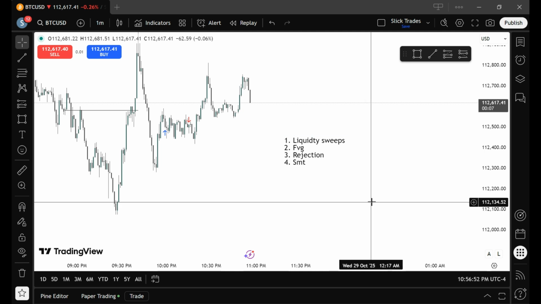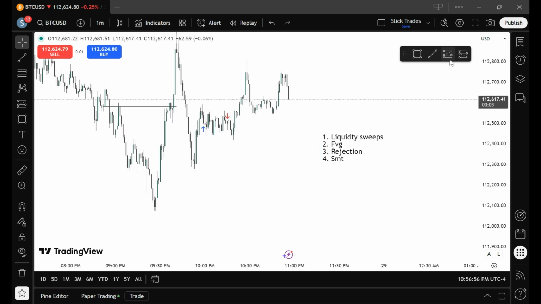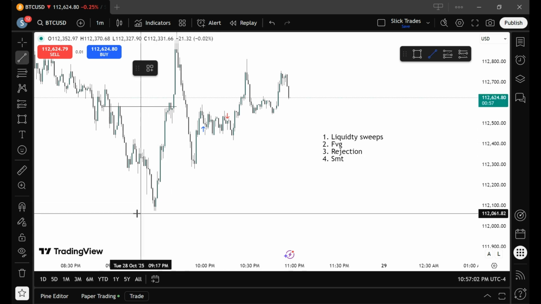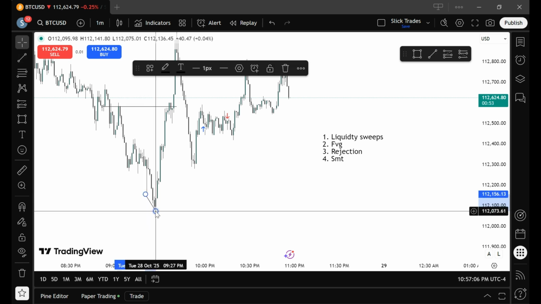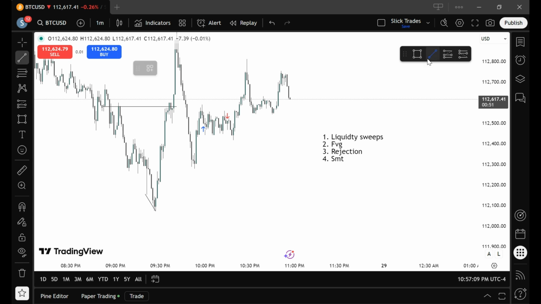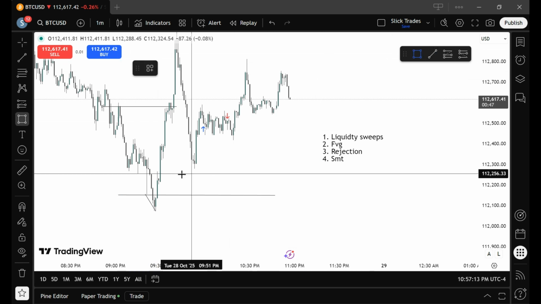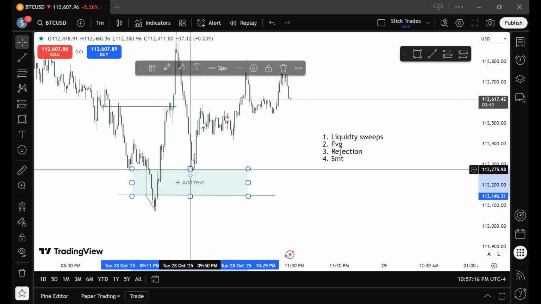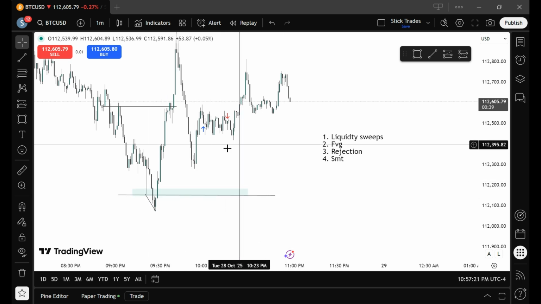If you have SMT, like for example, let's say this was NQ and ES, and ES didn't take this low out, but NQ obviously did. Well, that would be an SMT right there. That would be a liquidity sweep because we took out that low. That would be an inverse fair value gap. Keep it simple for the 3 candles because you guys probably don't understand yet.